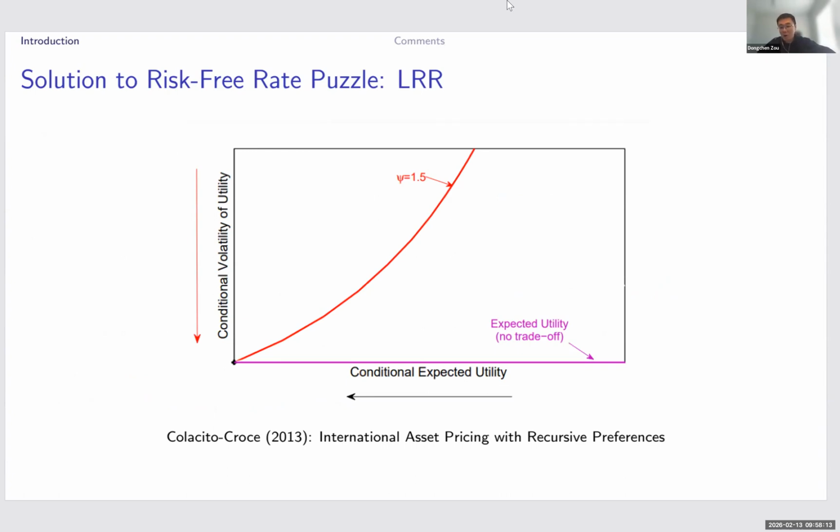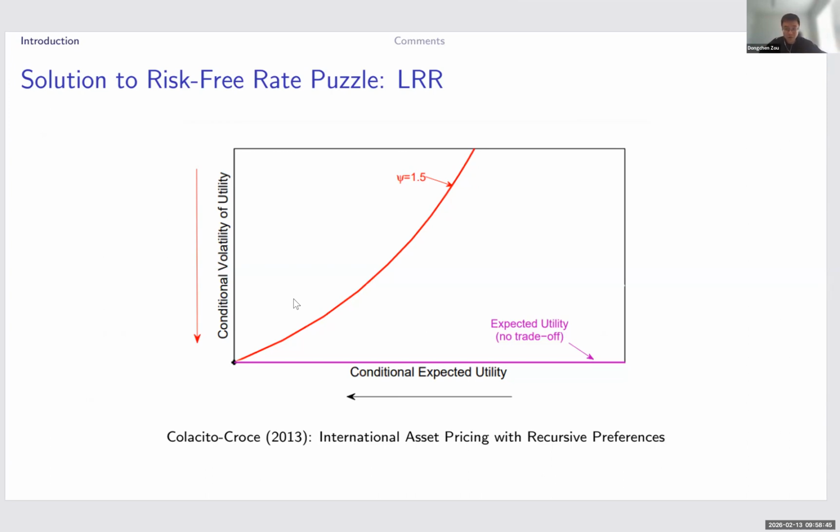If you have lower conditional expected utility, the variance of this expected utility is also going to be lower. Again, what does it mean? It means that when you don't have much utility, you try to lower the volatility of your continuation utility, because you don't want to suffer too much from uncertainty going forward.